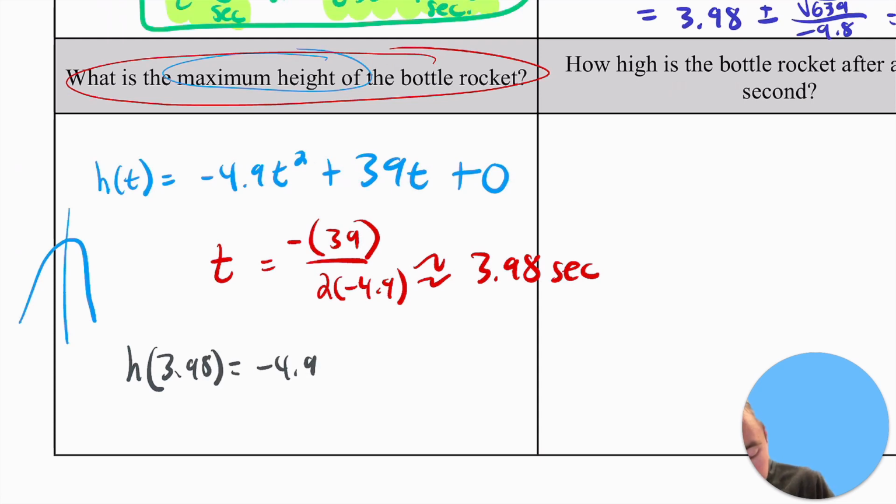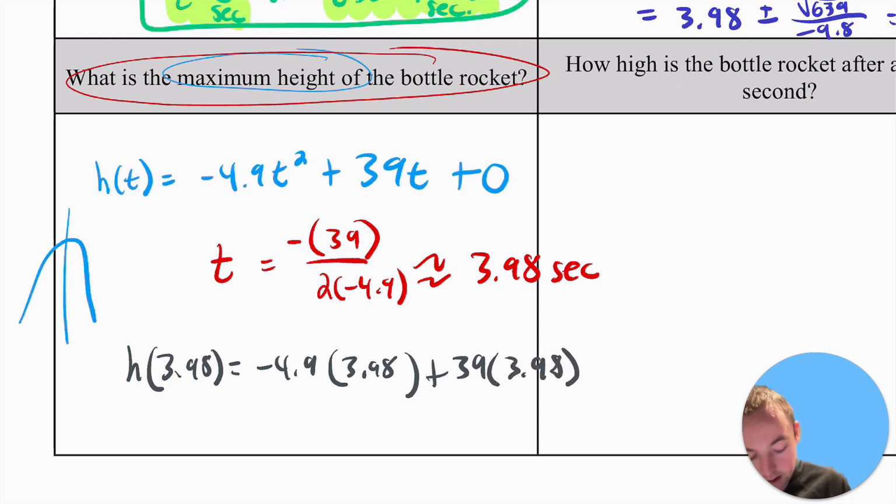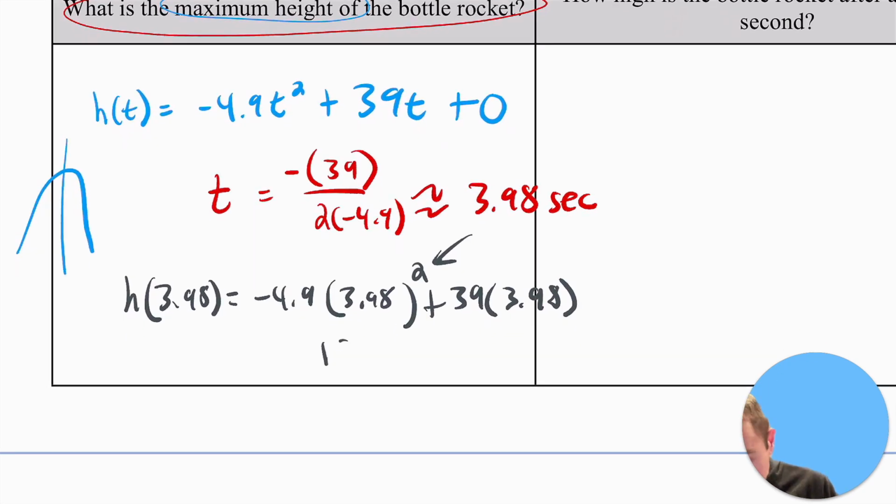So that'd be negative 4.9 times 3.98 squared plus 39 times 3.98, and evaluate that. I forgot to write the squaring right there. Okay, so I'm going to square the 3.98. It gives you 15.8404.